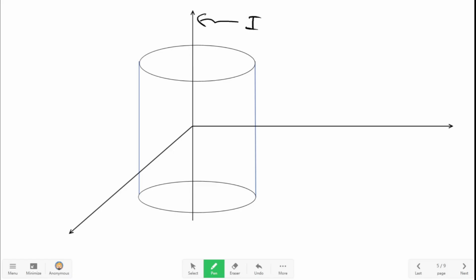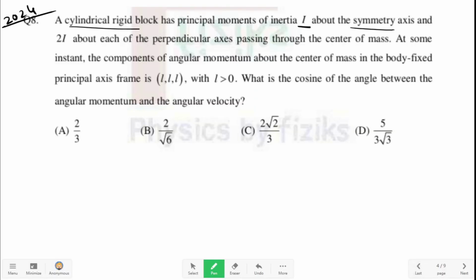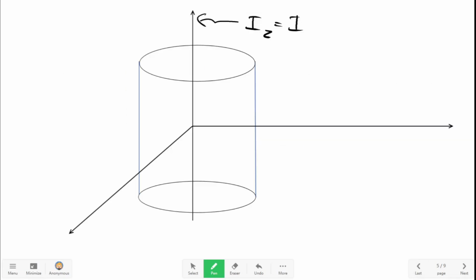I along the symmetry axis, Iz, is equal to I, and we are told that the principal moments of inertia are 2I about each of the perpendicular axes, which means Ix, this is the x-axis, Ix is equal to 2I, and also Iy, this is the y-axis, Iy is equal to 2I.